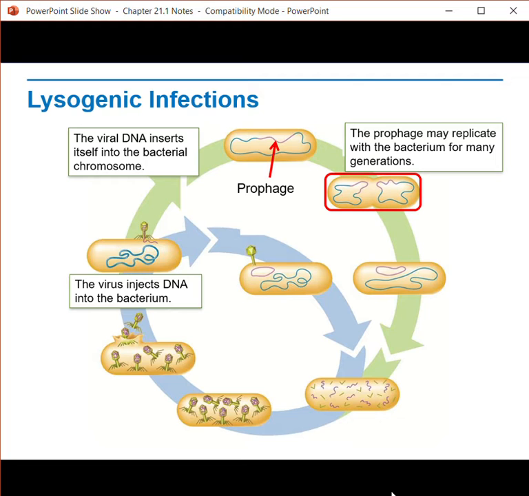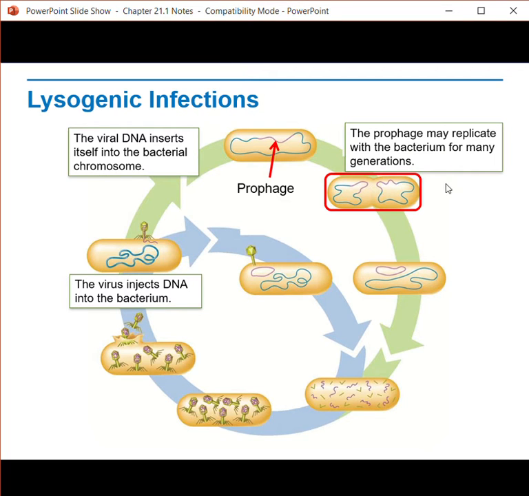For the prophage, the viral DNA again inserts itself into the bacterial chromosome. The prophage may remain part of the DNA of the host cell for many generations of reproduction or replication. It is replicated along with the host DNA without damaging the host.